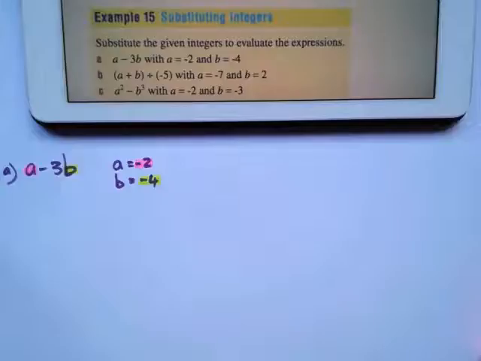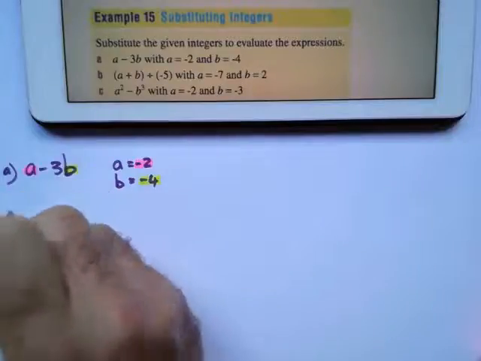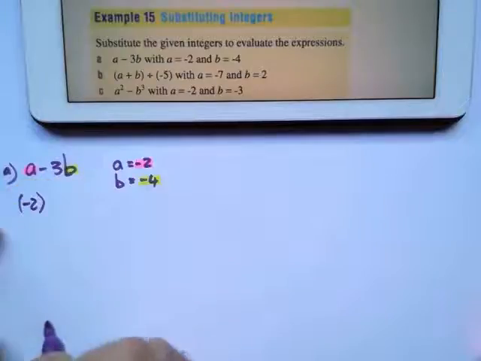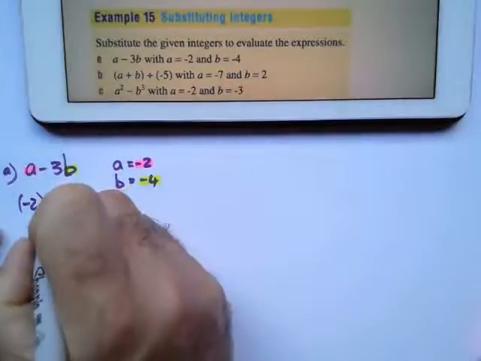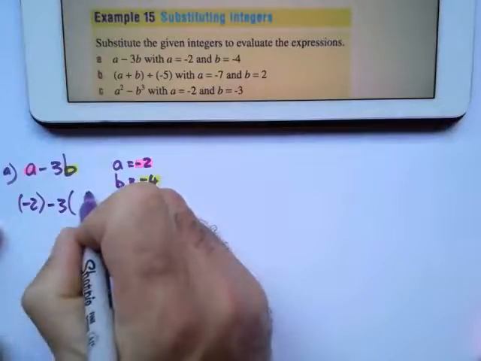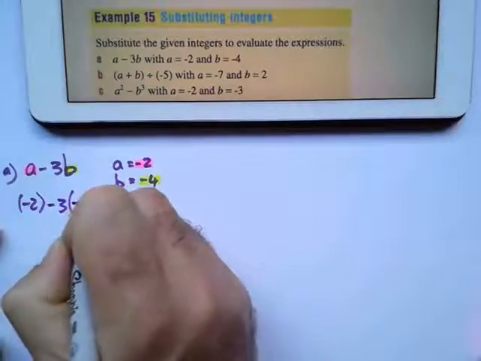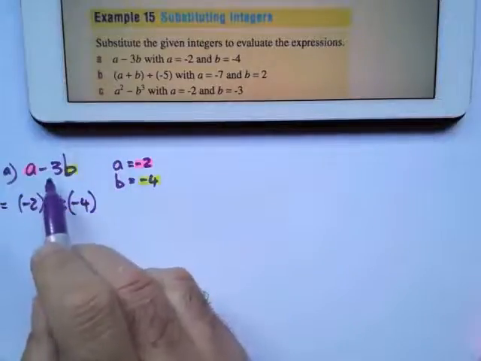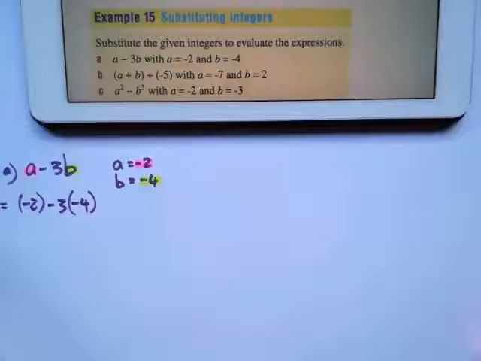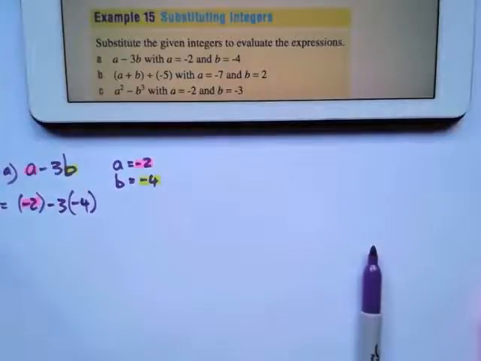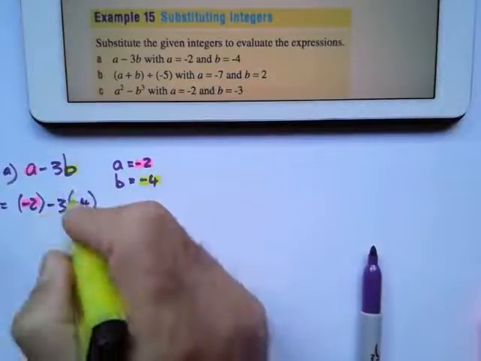So it's going to be a bracket with negative 2, take away 3, and there's a b, which I replace with a bracket with negative 4. If you do not do that, you're going to mess up these negatives. Just an early warning. Again, this negative 2 was in the place of a, and that negative 4 was in the place of b.